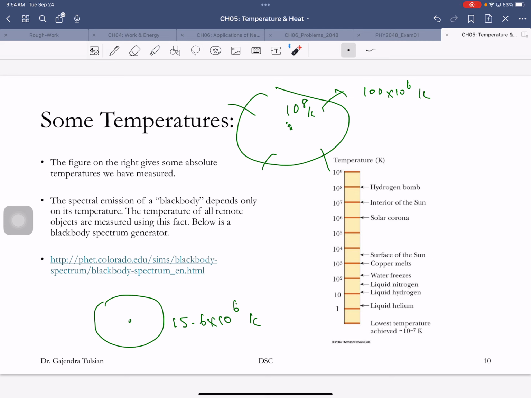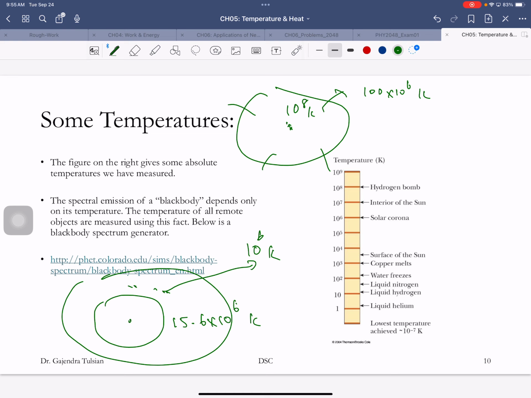We want to know how they measure that temperature. The solar corona is the sun's atmosphere. The temperature here is a million degrees Kelvin. So here's how we measure the temperature of a remote object.